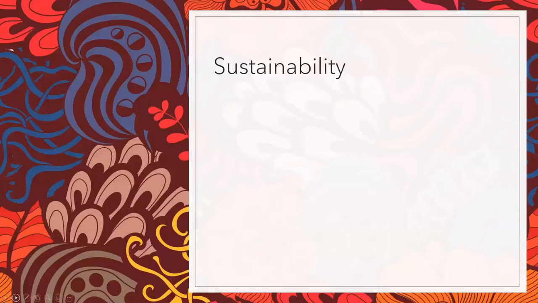Okay, so next we'll talk about sustainability, which is a huge part of digital preservation. So sustainability should determine your digital preservation plan. Again, you can really only do what you have the resources to do.